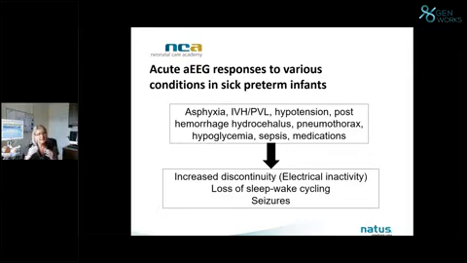All of these things can lead to very acute changes in the background pattern, and I'm going to show you an example of that. So it really leads to increased discontinuity, electrical inactivity, we lose the sleep-wake cycling, and again, sometimes these infants have seizures.